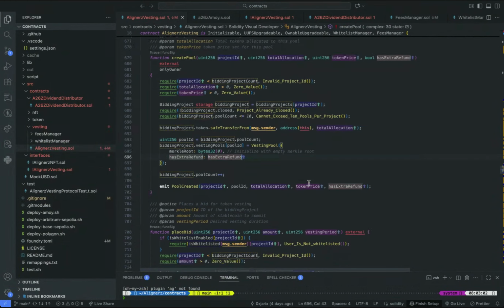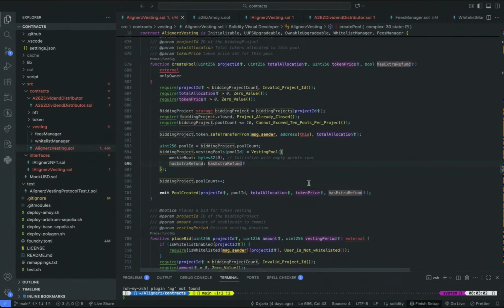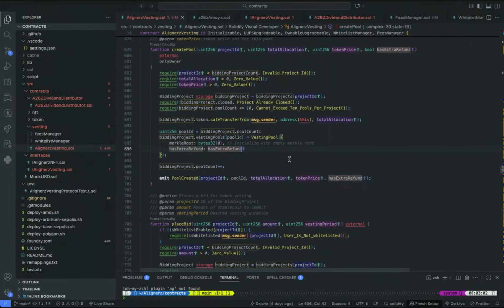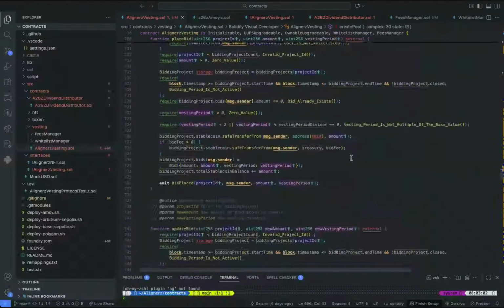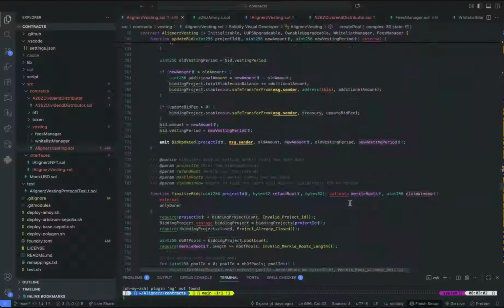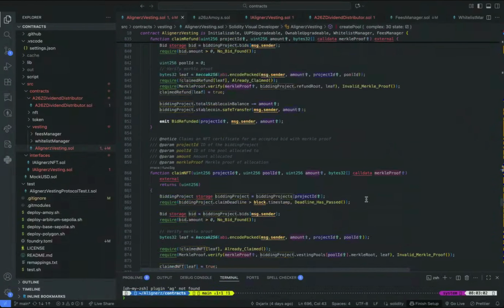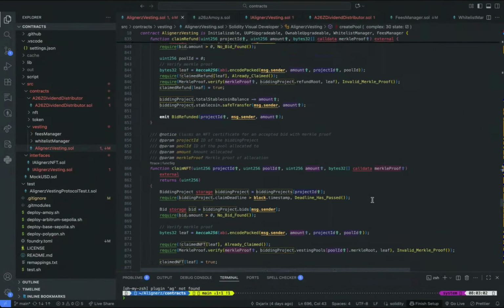So he will have to claim a refund. So he claims his TVS and he claims a refund. And the refund will be equal to the full amount he has bid. Okay, and the Merkle proof will be passed from the backend.